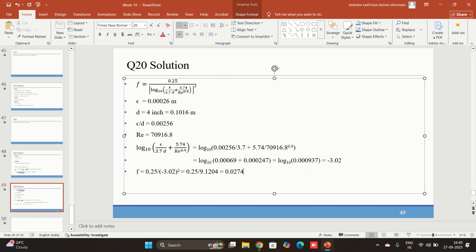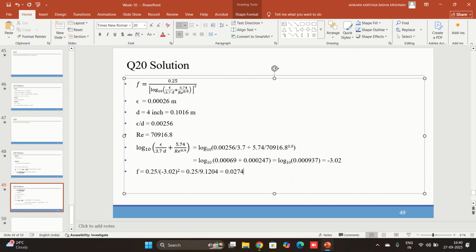You should be aware of the concepts much more than the problems, because problems are very simple this week: you calculate the average velocity, and from average velocity you can calculate the Reynolds number. From Reynolds number you can determine which friction factor model to use and determine the friction factor, and after friction factor we can calculate the head loss in the system.